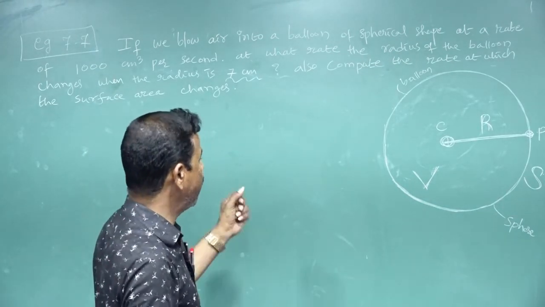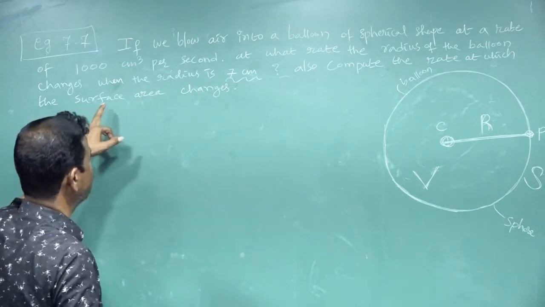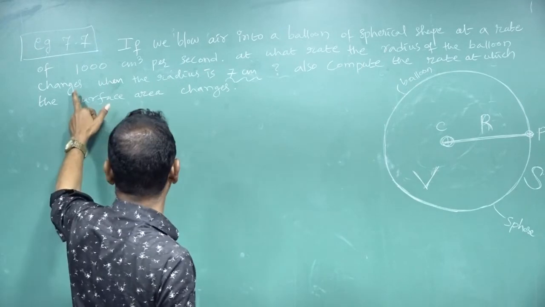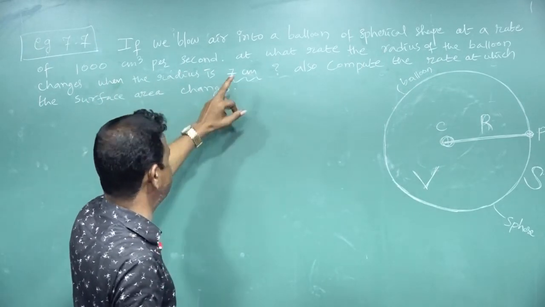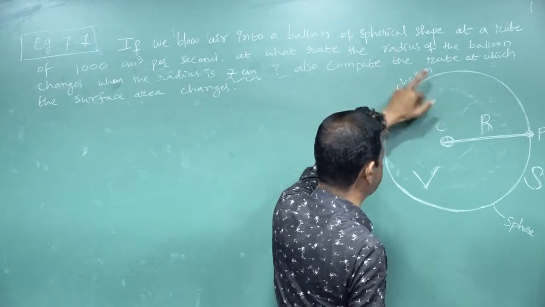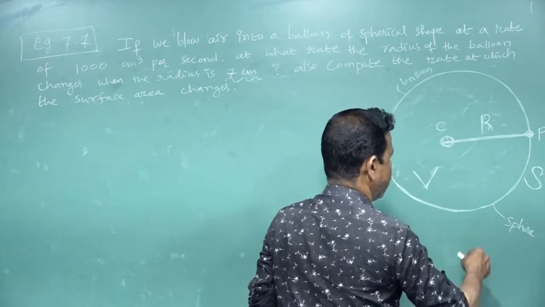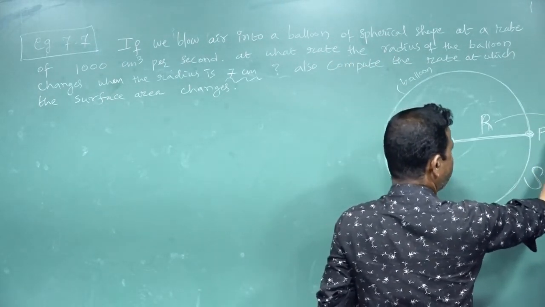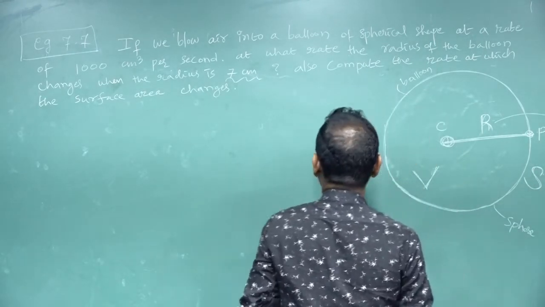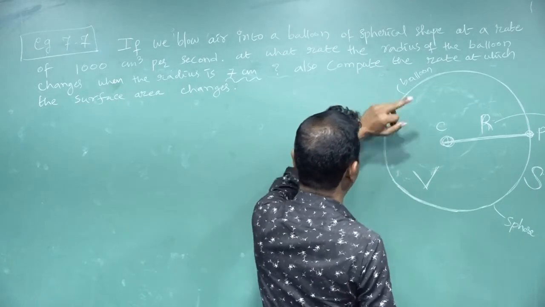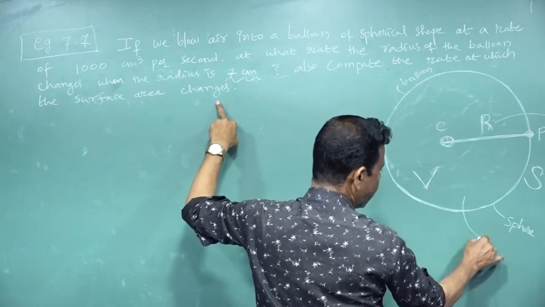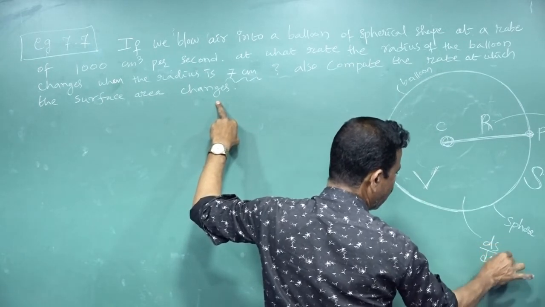So he is asking first, at what rate does the radius of the balloon change when the radius is 7? So dr by dt, how much? After that, second question, also compute the rate at which the surface area changes. ds by dt, how much?